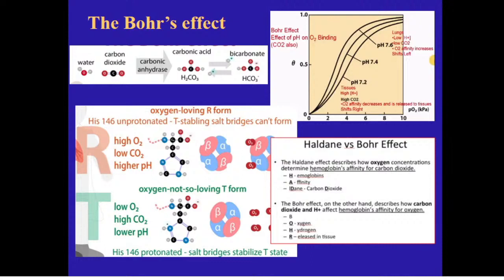And these are very important substances that will regulate the affinity of hemoglobin to oxygen. You know that the bicarbonate buffer system is very important to maintain pH, and these ions and carbonic acid are present in erythrocytes and in plasma in approximately high concentration.